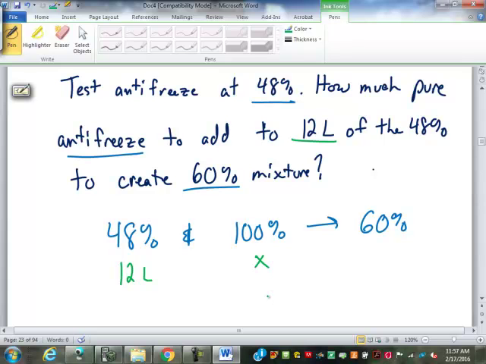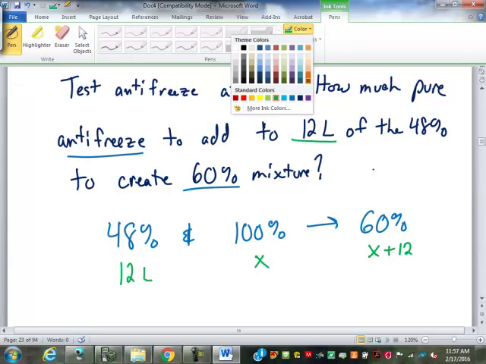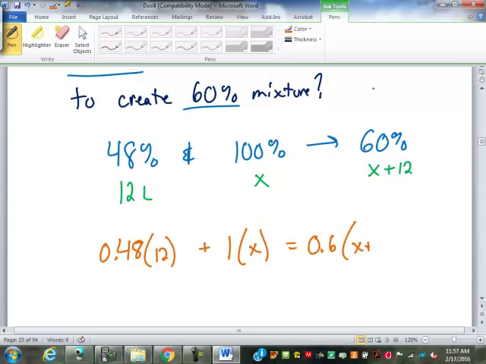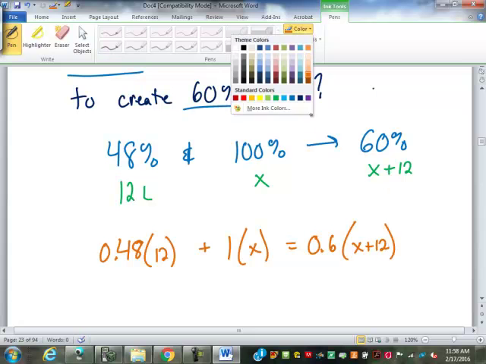X is the amount of the 100%, so X plus 12 is going to be the amount of the 60% that we're going to create. So this will be 0.48 times 12. 100% is 1 times its volume of X. 60%, 0.6 times X plus 12. And we solve.